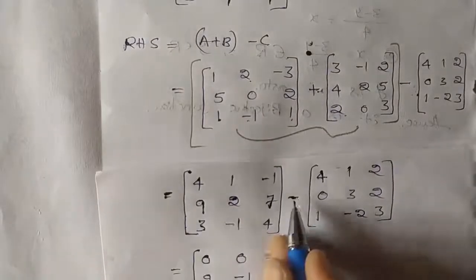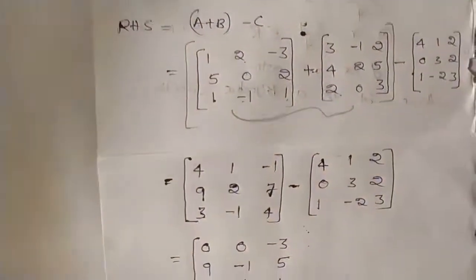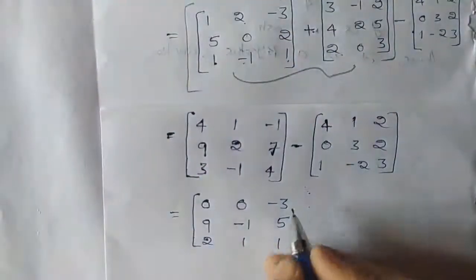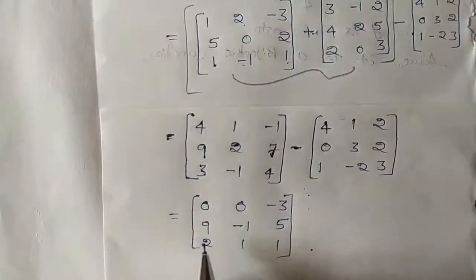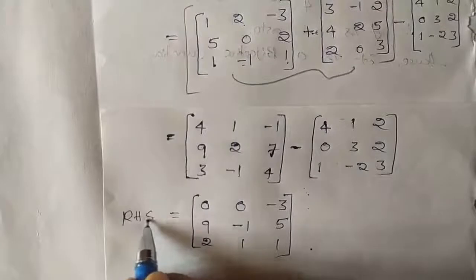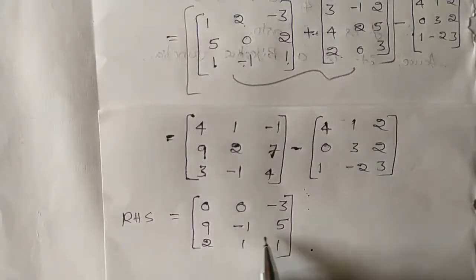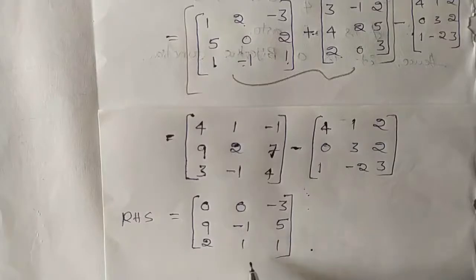Minus 1 minus of minus 2, so minus 1 plus 2 is 1. 4 minus 3 is 1 again. So therefore the RHS matrix is 0 0 minus 3, 9 minus 1 plus 5, 2 1 1.